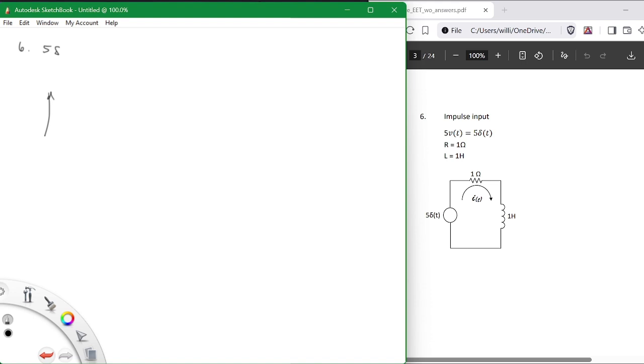Well, the only hint that you have is rule number 26 on your sheet. The rule for this is it's equal to basically whatever that number is there. So basically, for a Dirac delta, it's just 5. So the conversion for that is just a 5.